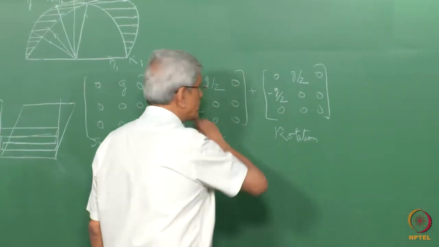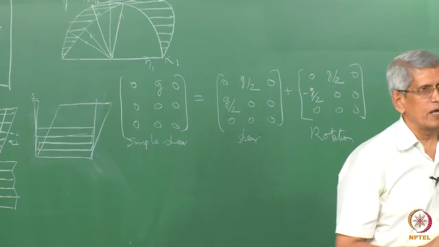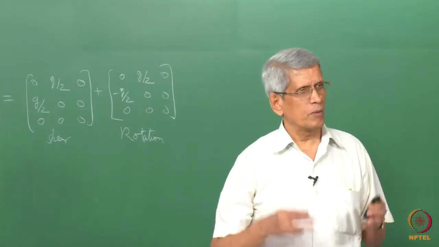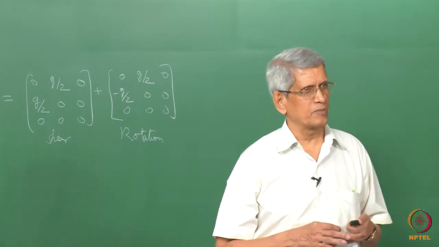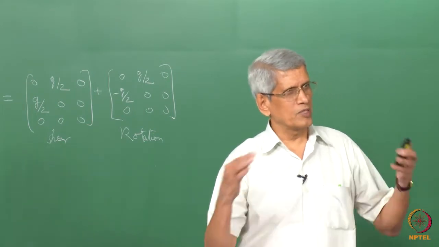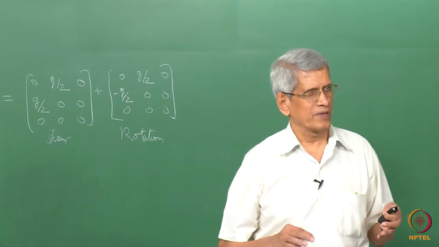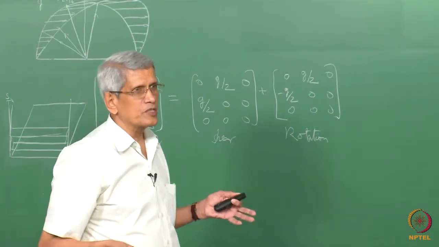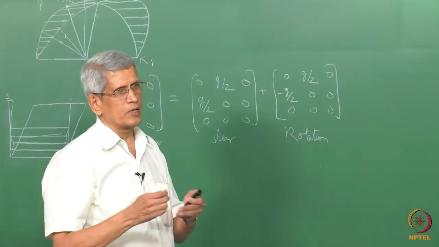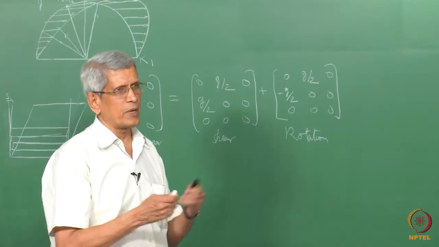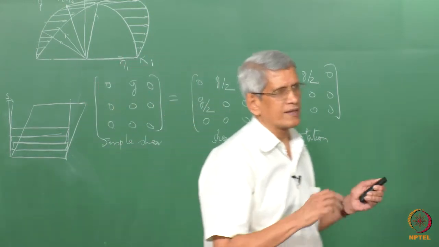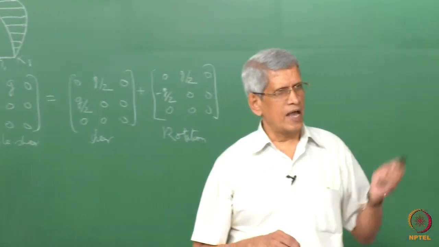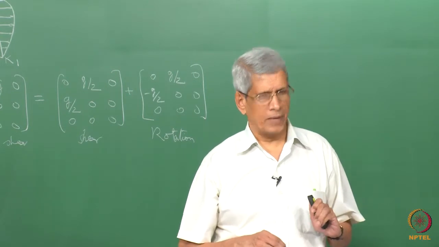And we know that if pure shear is being applied, we can find out some principal strains in which the shear component becomes 0. That is, only principal strains are there, which is pure strain, correct? That means the pure strain will be a tension in one direction and compression in another direction. These axes, generally when the strain is small, are at 45 degrees with respect to the axis in which the shear strain is being applied.